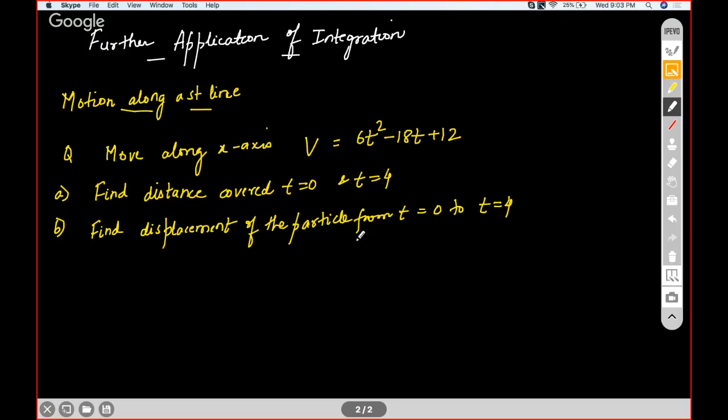Distance is mod of displacement, right? If you have velocity given to you, displacement will be integration and then apply the limits from 0 to 4. Do it. Tell me the answer. What do you get?